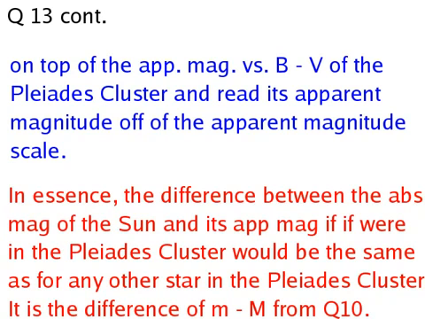Okay, so with an absolute magnitude of the sun of about 4.7, that would put it at an apparent magnitude of 4.7 plus 3.9, which is about 8.6.